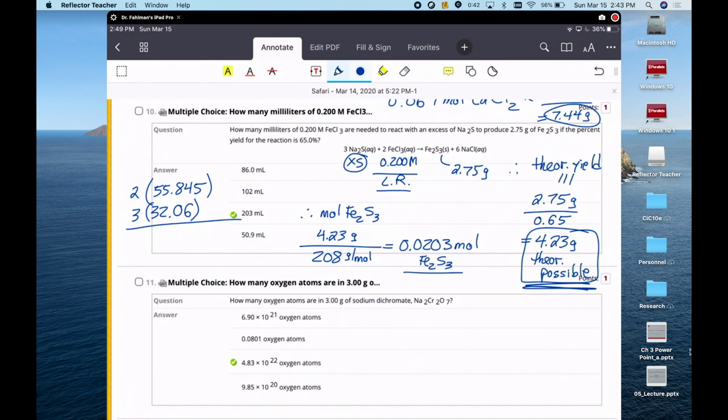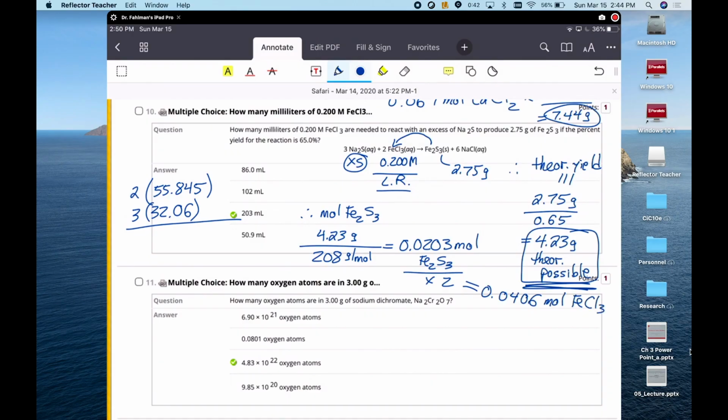Now I want to know moles of this reactant, and that is a 1 to 2, so you're going to multiply by 2. That's 0.0406 moles of the FeCl3.